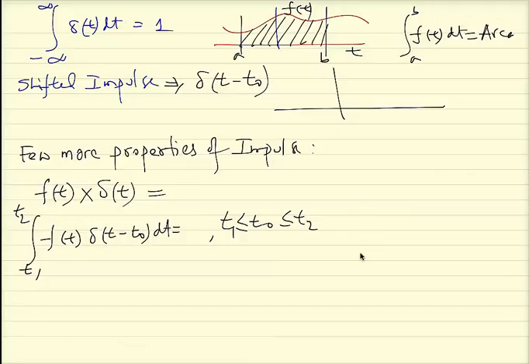In a similar fashion, if you have a delta t function located at 0, and you integrate this delta t from minus infinity to plus infinity, then the area of delta t will be 1.